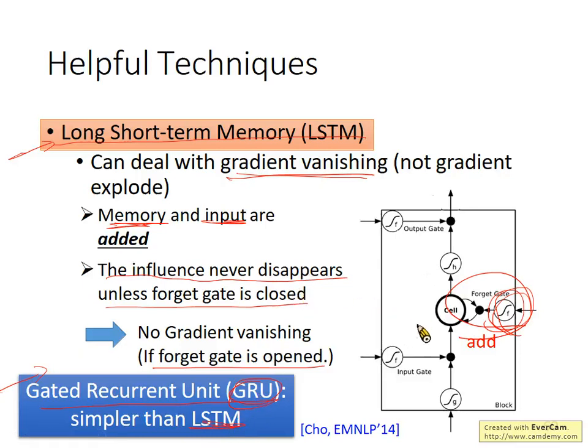The idea of GRU is that we correlate the parameters of the input gate and the forget gate. If we open the input gate, then the influence of the forget gate may be decreased. If you are interested in the details, please refer to the paper.